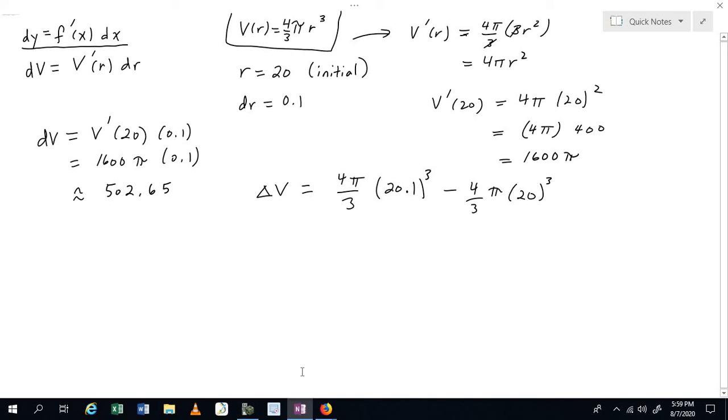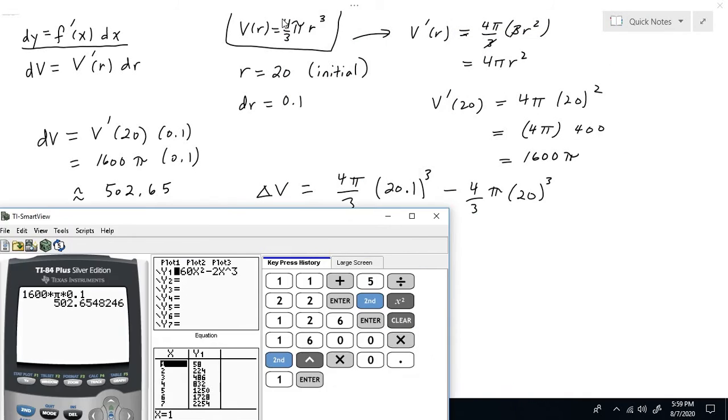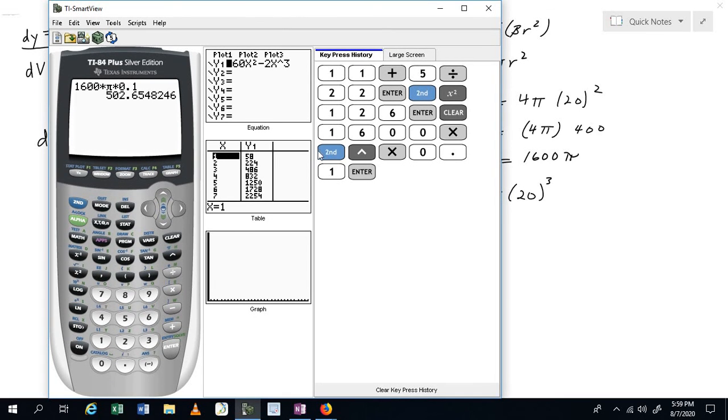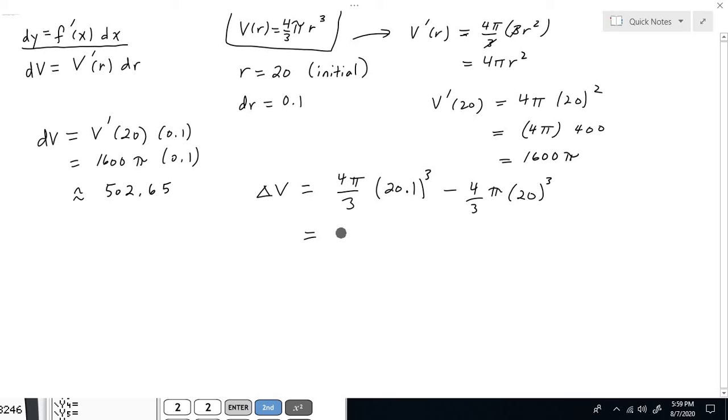So I'm just going to calculate that on the calculator, even though they didn't ask for this, just to give us a comparison. In fact, to make it a little bit easier, we can factor out this 4 pi over 3 since it appears in both. And if you factor that out, you're left with 20.1 cubed minus 20 cubed. So I'm going to calculate what that is and then multiply it by 4 pi over 3.